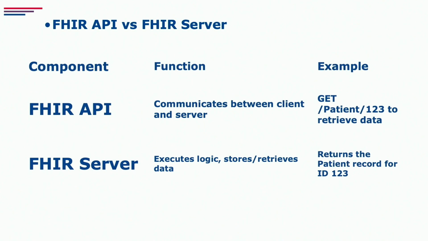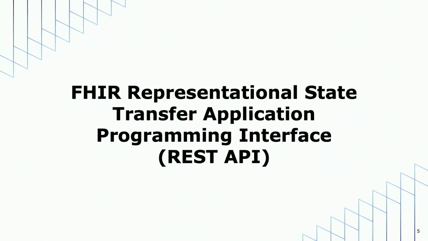So there is a subtle difference between the two, even though we often refer to them as if they're the same. And FHIR is a representational state transfer application programming interface. That's sort of the basis of it. It's not strictly adherent to the rules of such, but that's the way we refer to it.